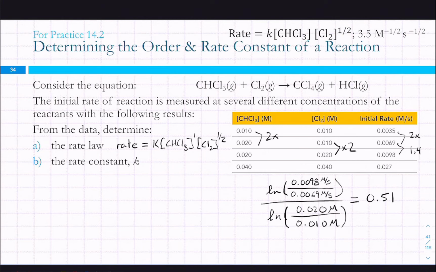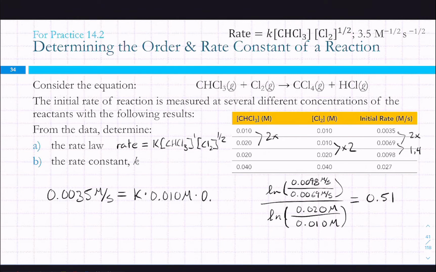So we'll have our rate as 0.0035 equals K times the concentration of trichloromethane, it's going to be weird.